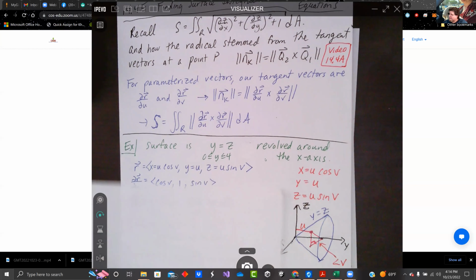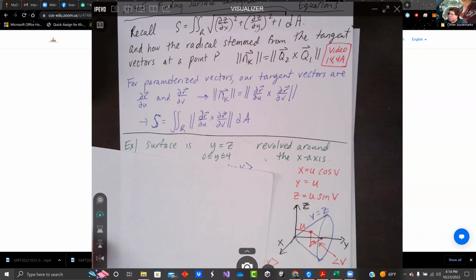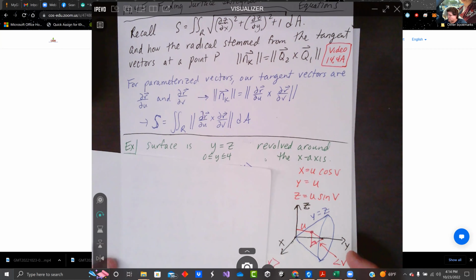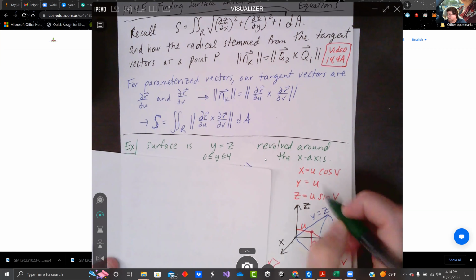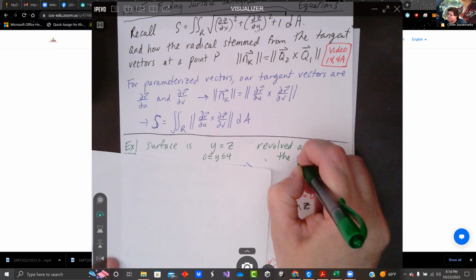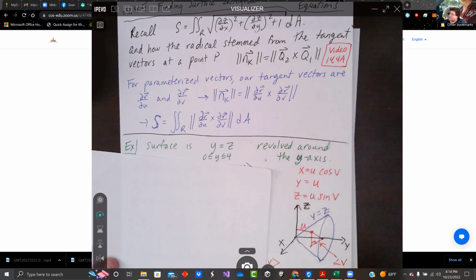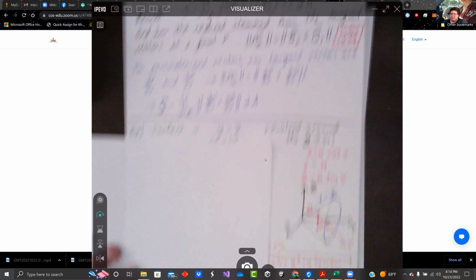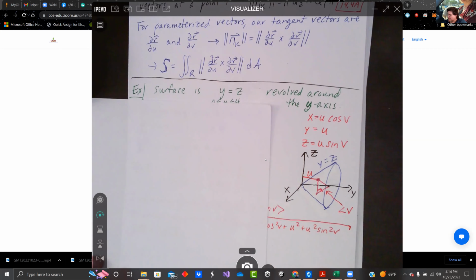So I got a picture down here. Y equals z, and then we're rotating it. I said around the x-axis. That should be around the y-axis. So I make a little triangle.